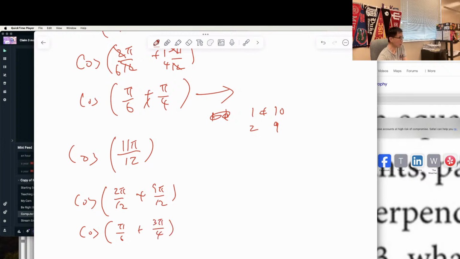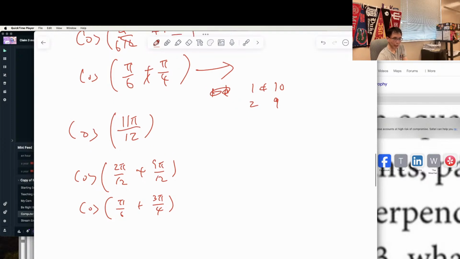Now you can have a different answer. This is cosine, cosine, sine, sine.